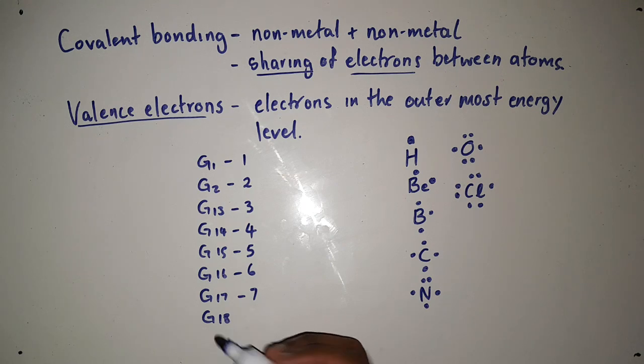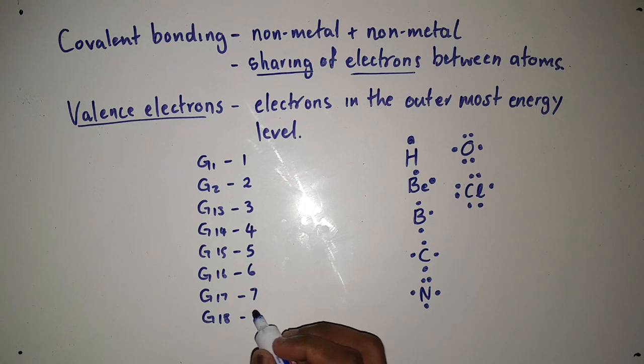Lastly, we have the noble gases. Mostly they have 8 electrons in the outermost energy level, besides helium.